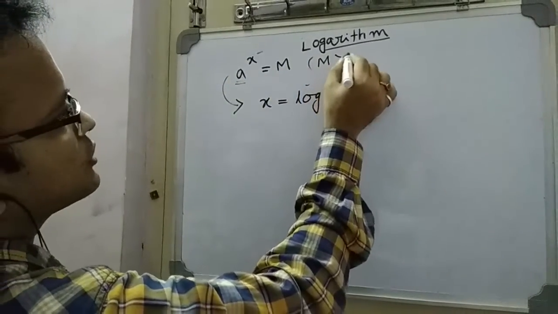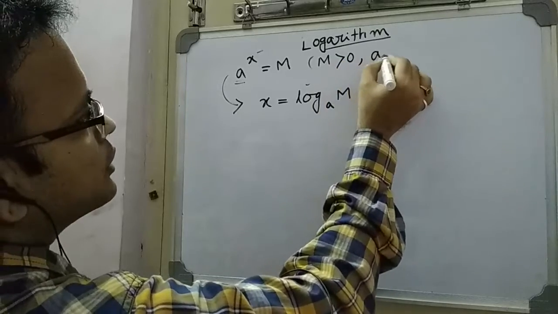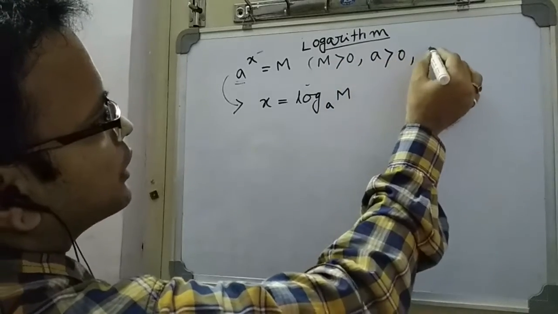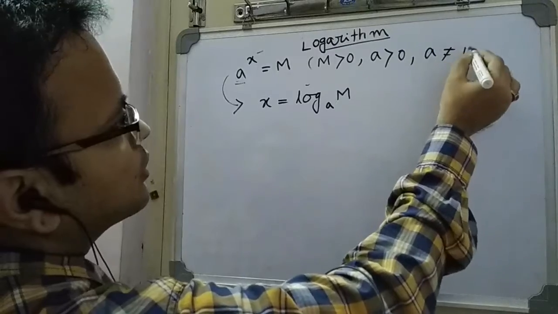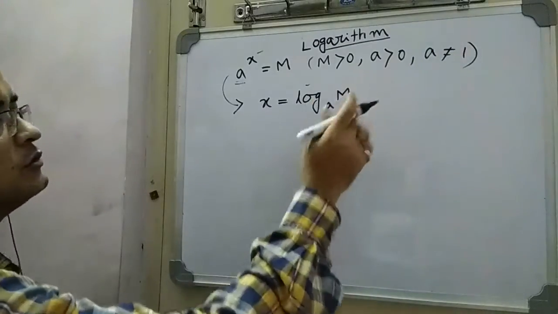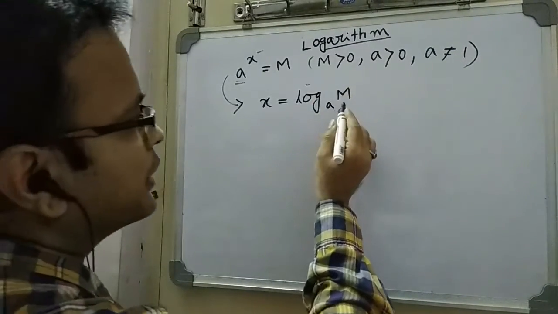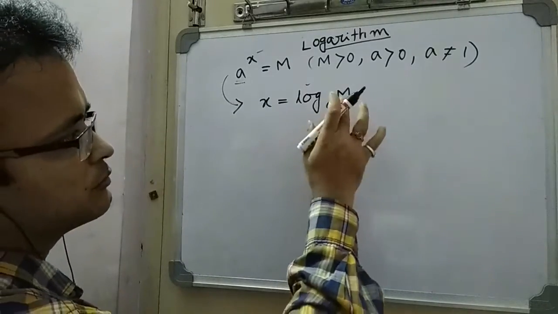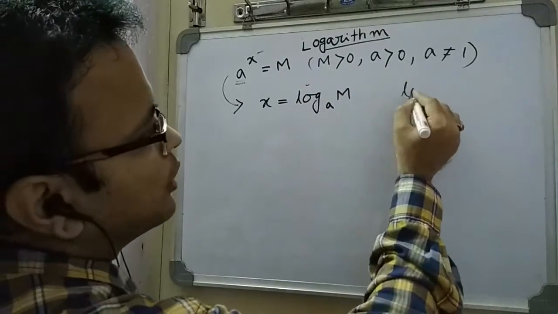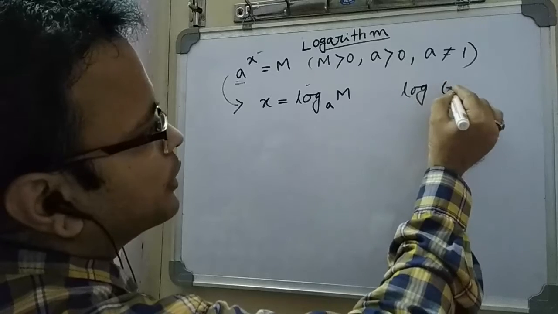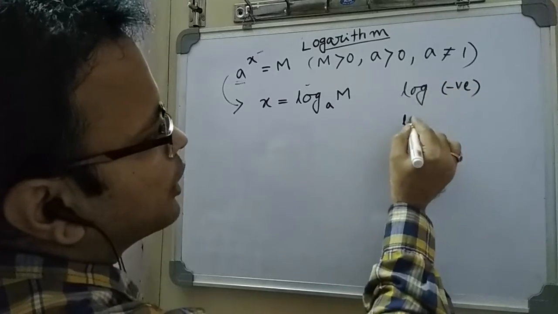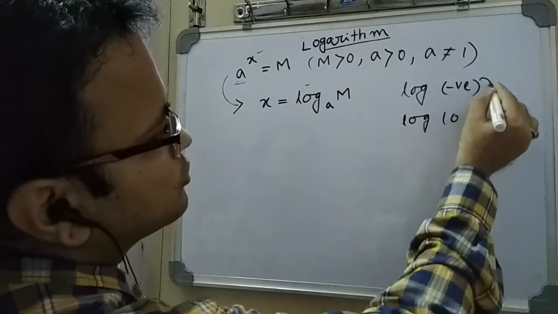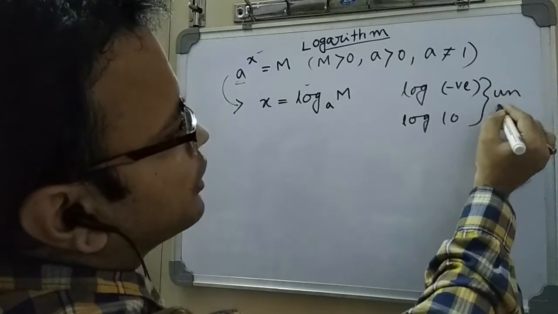Here m is always greater than 0, a is always greater than 0 and a is not equal to 1. Why is it so? Because the logarithm of a negative number and the logarithm of 0 are undefined.